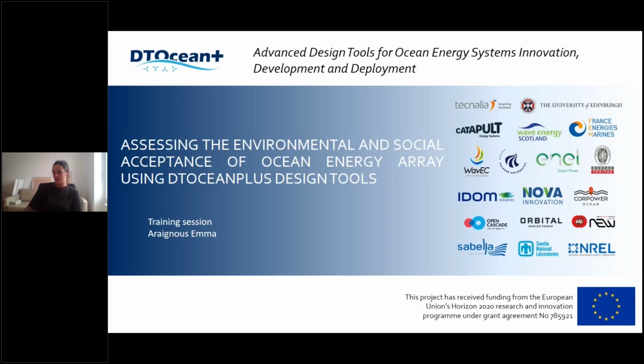Thanks. Hi everyone, my name is Emma Araignous from France Energy Marine, and I will introduce you to the last assessment tool, the ESA, that allows to evaluate the project in terms of environmental impact and social acceptance.